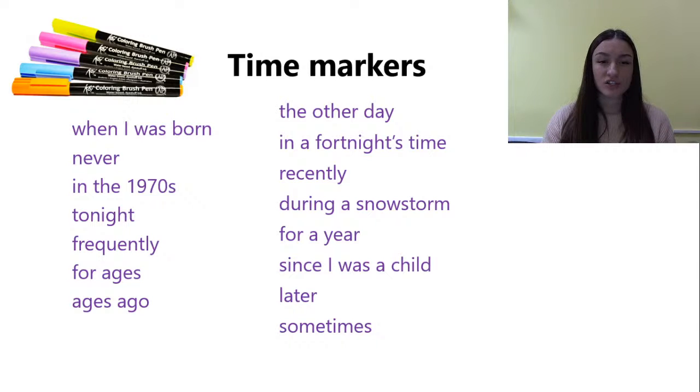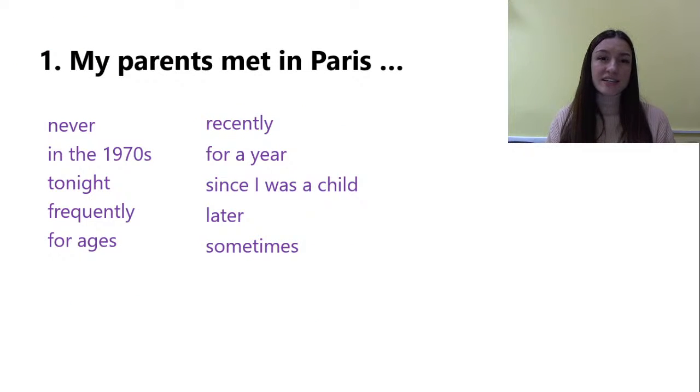So now I will give you a sentence. In each sentence, decide which markers are best. So which marker from this list suits the sentence in a more logical way. Look, my parents met in Paris. Well, we can see here never, in the 1970s, tonight, frequently, for ages, recently, for a year, since I was a child, later, or sometimes.